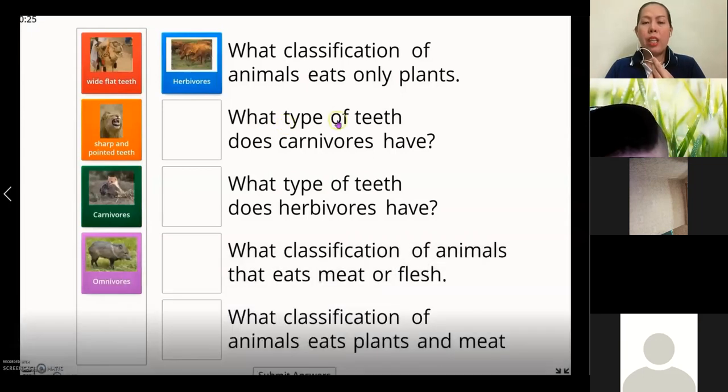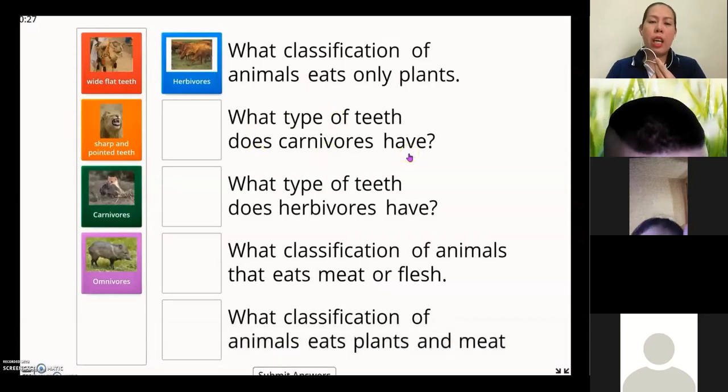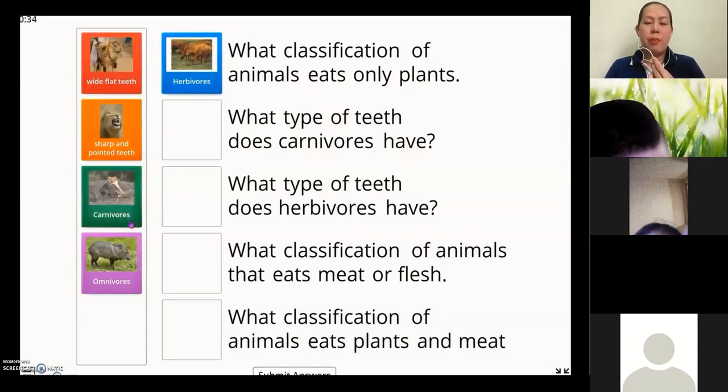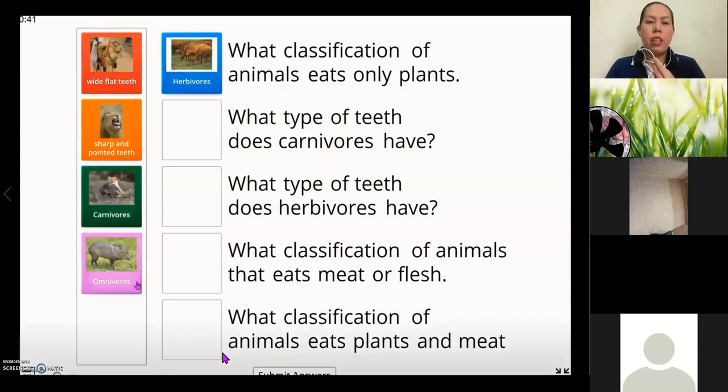What type of teeth do carnivores have? Sharp, pointed teeth. Okay, let's see if it's correct. We will put the box into the question.